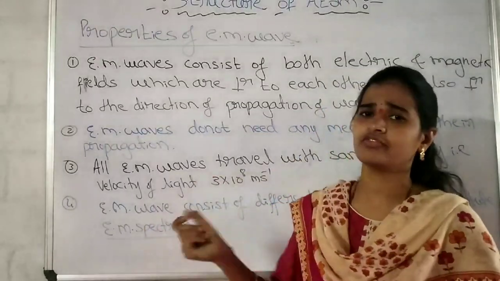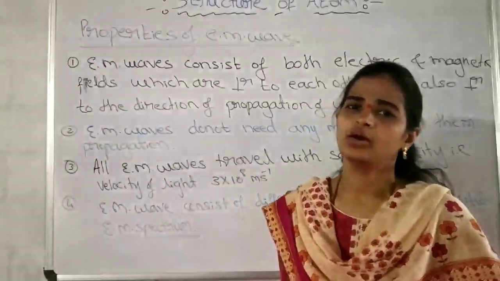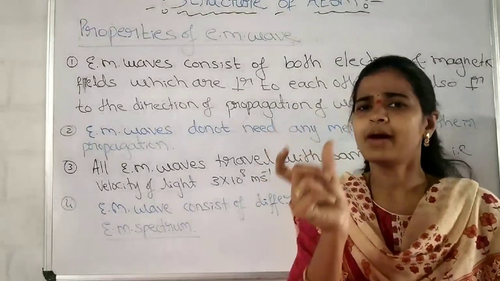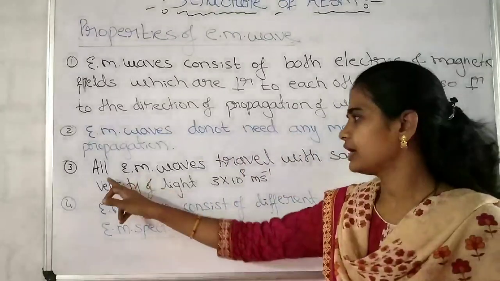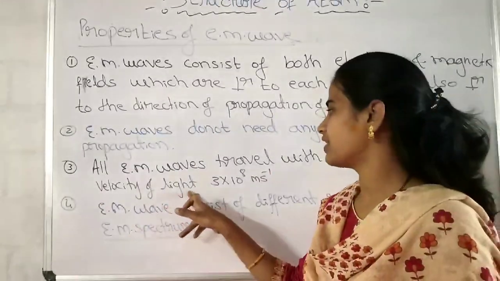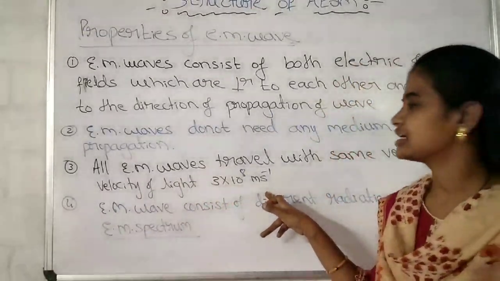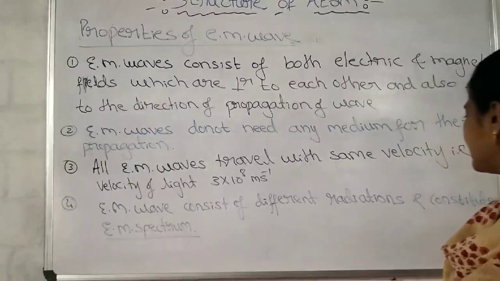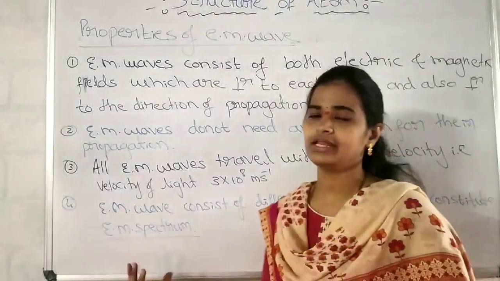This is the velocity of all electromagnetic waves, because visible light is a part of the electromagnetic waves. Next, electromagnetic waves consist of different radiations and constitute the electromagnetic spectrum.